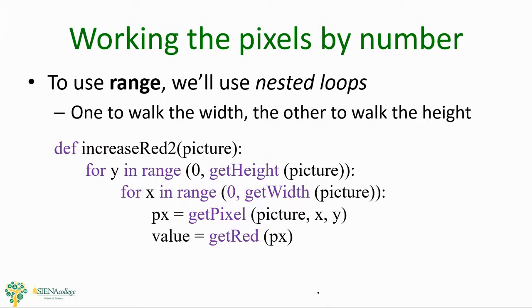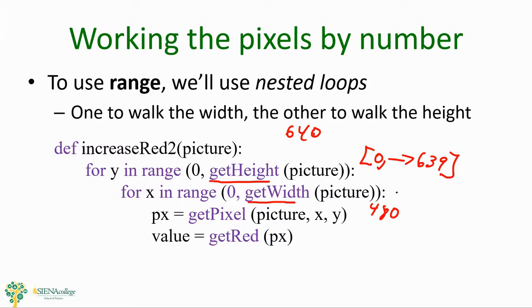We have two new functions here. One is get height. And what get height will do is it will return the height of the picture. So it might be 640. And we would use get width to get the width of the picture, 480. Now the range means that we will get a list of the numbers from 0 up to, but not including 640. So it'll go to 639.